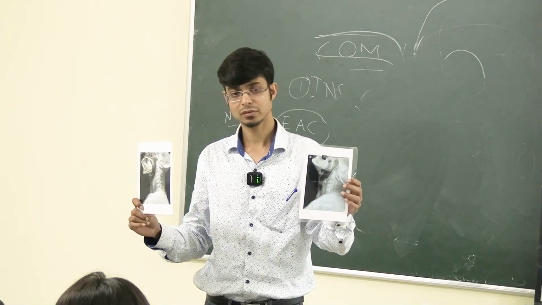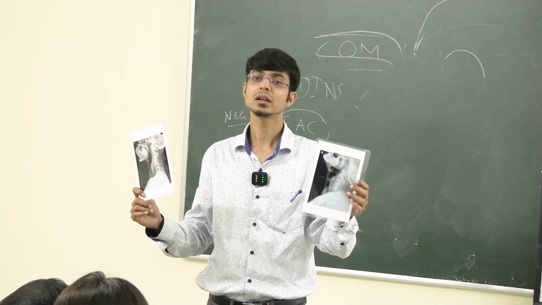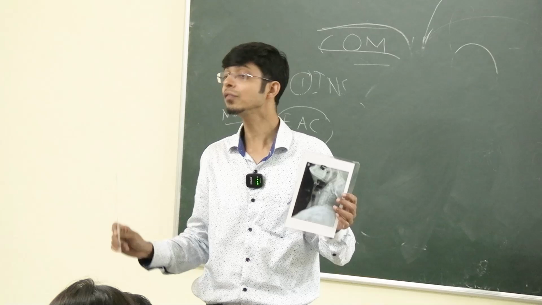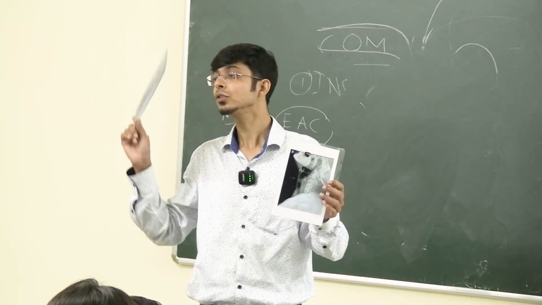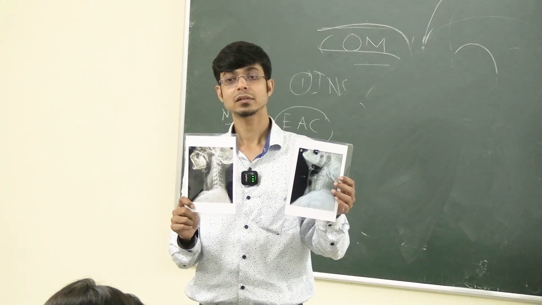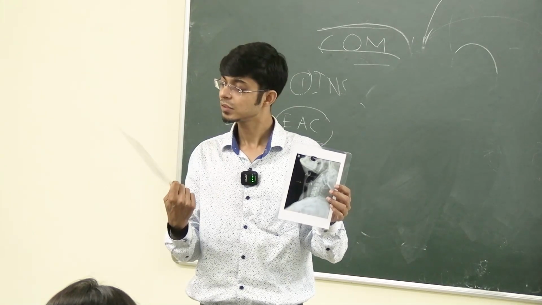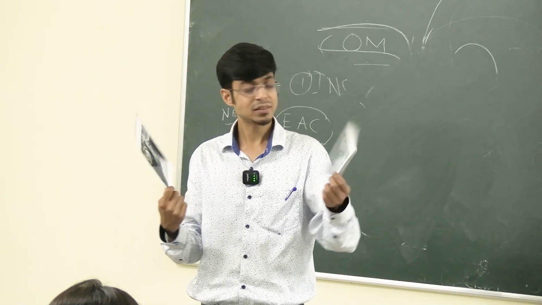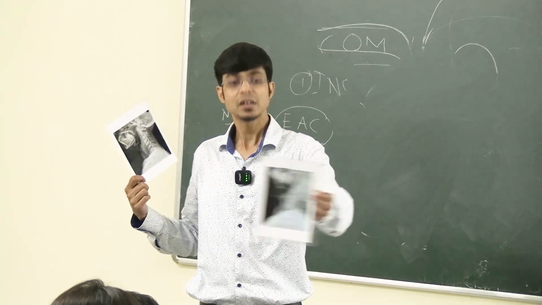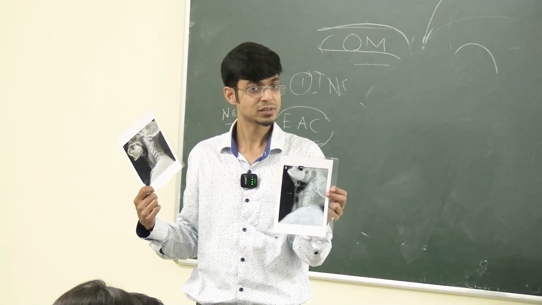It's an X-ray showing a lateral view of the neck, lateral view of X-ray soft tissue of the neck. Why do you think this is an abscess? What are the signs of abscess? It's a foreign body in the esophagus.